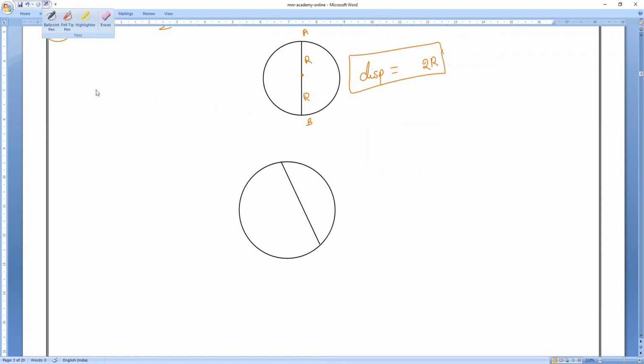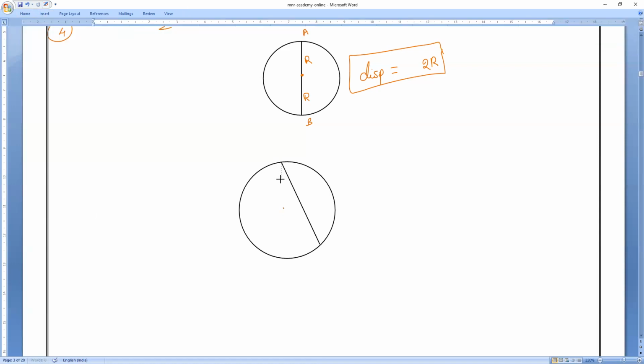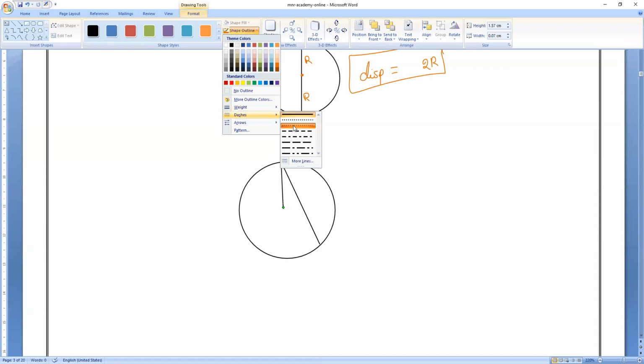Yes. This is the center of the circle. Notice very carefully. I'm extending the lines now from the center, from point A to the center. What is that called? Anybody?